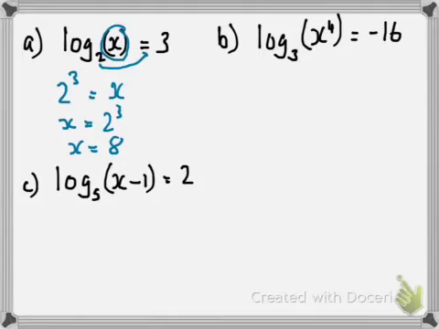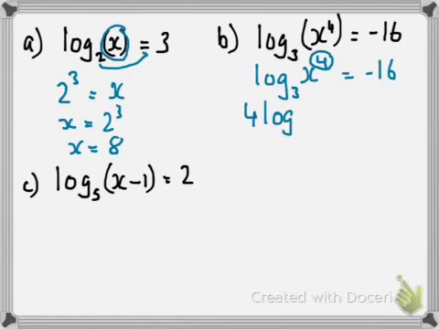Next one, similar sort of thing as the last one, except we've got some other steps here that we need to do. I'm just going to remove the brackets here for a moment, because what we're going to have to do here is use the rule that says if we've got that index there of 4, it can pop out the front and be a coefficient here of the log x to the base 3.